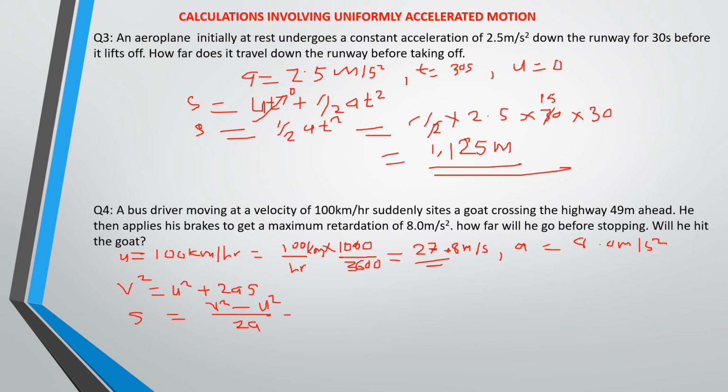Since v is equal to 0, you have minus 27.8 times minus 27.8 as u squared, all over 2 times 8.